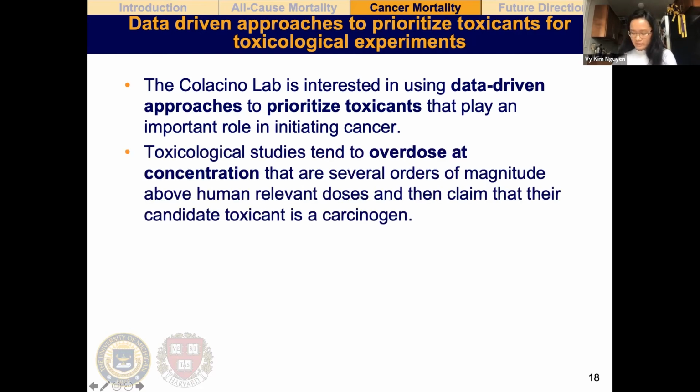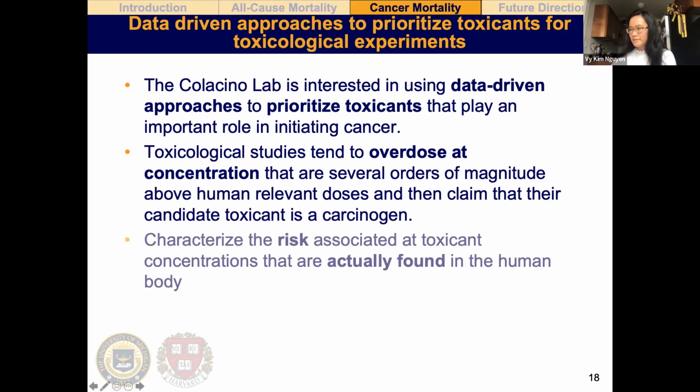Because what a lot of toxicology studies tend to do is fit their favorite chemicals, and then choose really high concentrations, like dose these cells at really high doses, and these doses could be several orders of magnitude above what the human population is actually exposed to. And so what we want to do here is characterize the risks associated with these chemicals that are actually found in the human body.